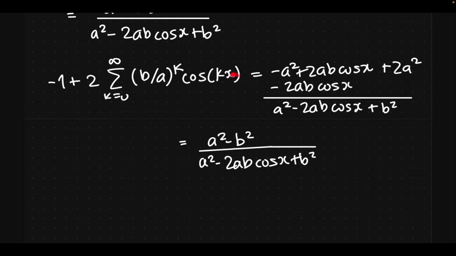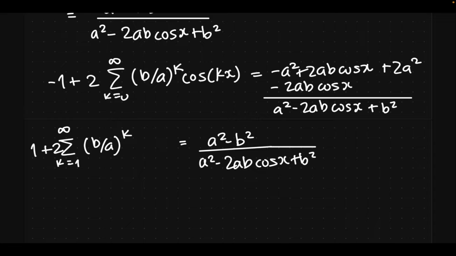Now we can just pull the k equals 0 term out. That will be 1, because anything raised to the power 0 is 1, and cosine of 0 is 1. So we'll have 2 minus 1, which is 1, plus now the sum will go from k equals 1 to infinity because we took the 0 term away.